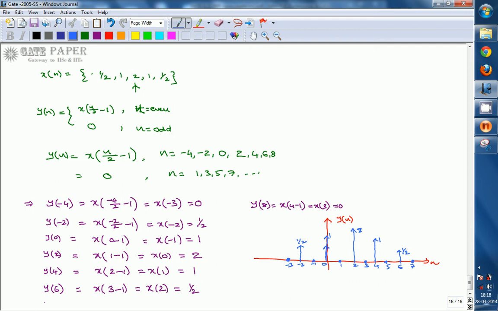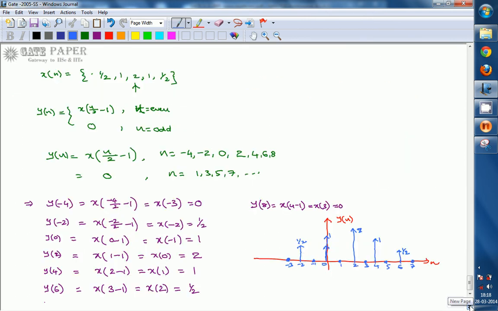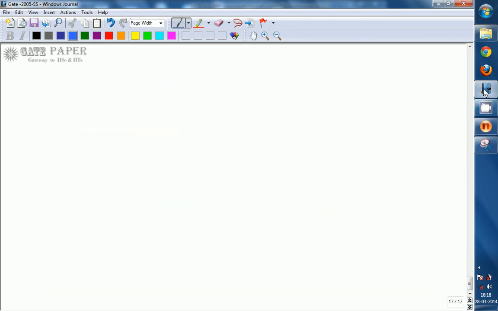So by observing the given options, we can find that we have those values in option A. So that is the first question from the linked questions. Now we'll go for the second one.